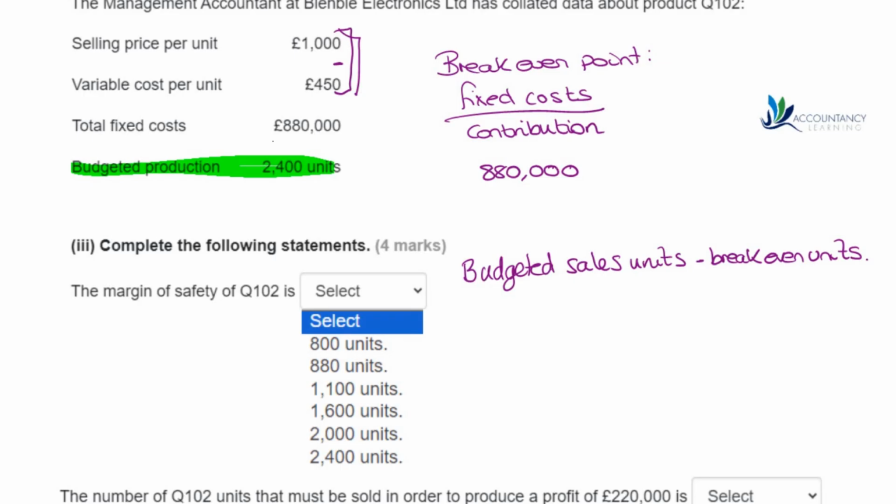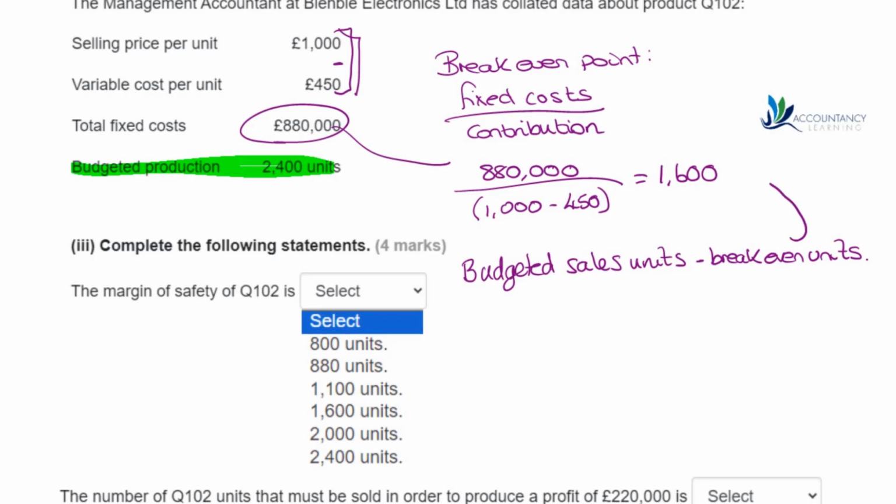880,000, which is our total fixed costs. And we're going to divide that by our revenue less our variable, and that comes to 1,600 units.